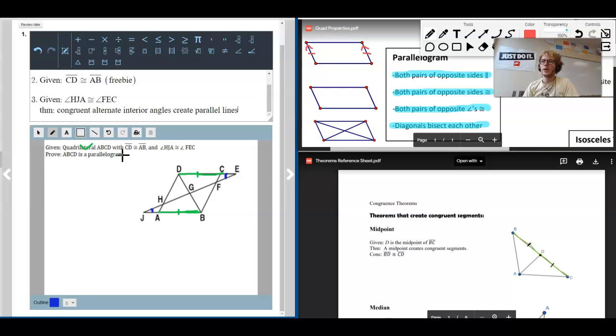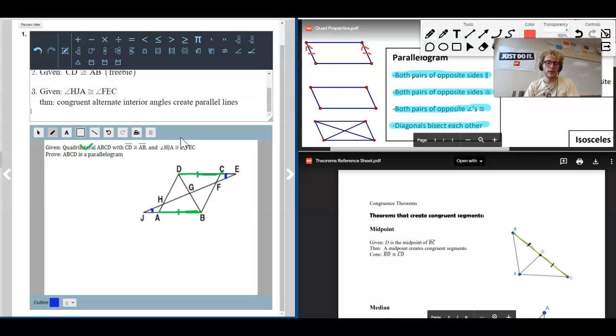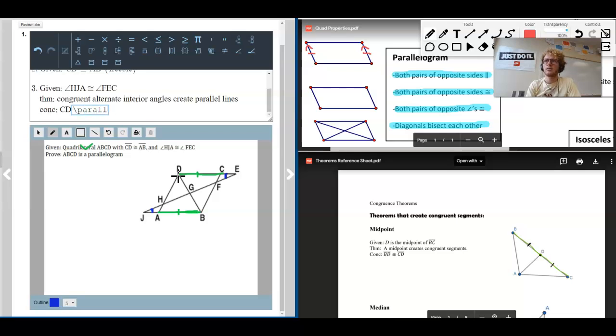So now we are saying that we have parallel lines somewhere. And our parallel lines are the two that make up our alternate interior angles. So DC, or CD, is going to be parallel to AB. And I'm sorry I didn't put the segment symbols above that.